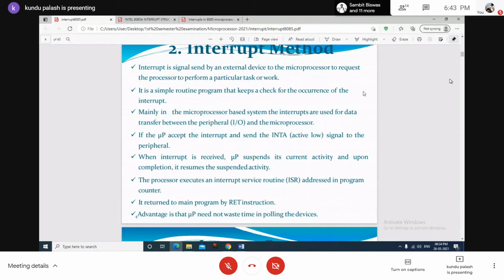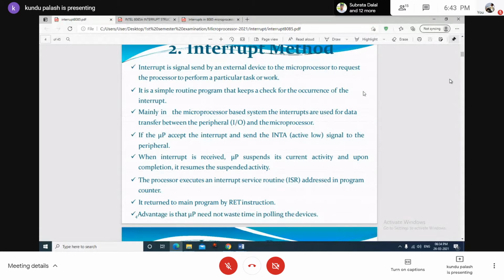It sends the interrupt acknowledge signal and goes to a specific memory location, which may be supplied by the interrupt controller or may be fixed in the case of different interrupt systems.